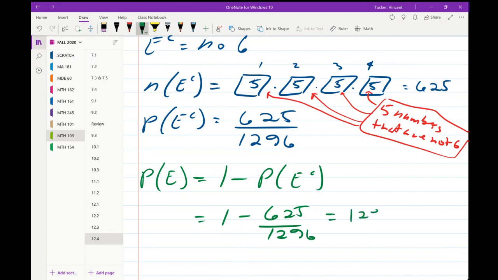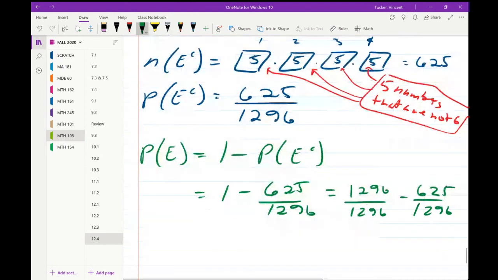So that 1 would be 1296 over 1296. And that'll be 671.